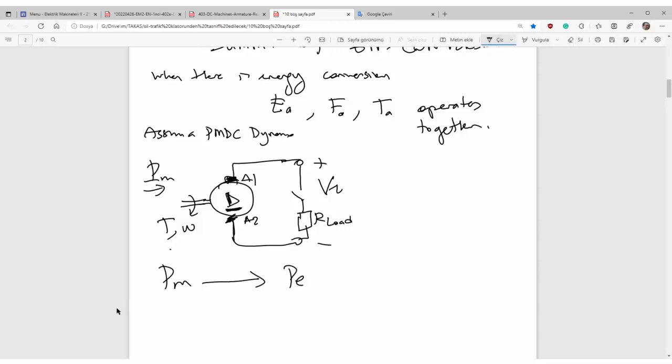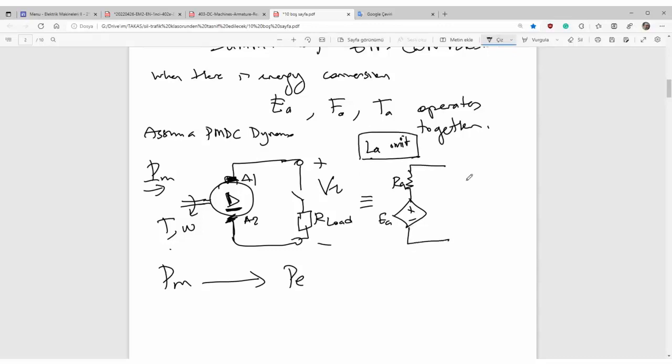So let's make the equivalent circuit. Here is an EMF source, plus and minus. Here's the resistance. I only operate the system in steady state, so I omit or neglect inductance as always in this course.